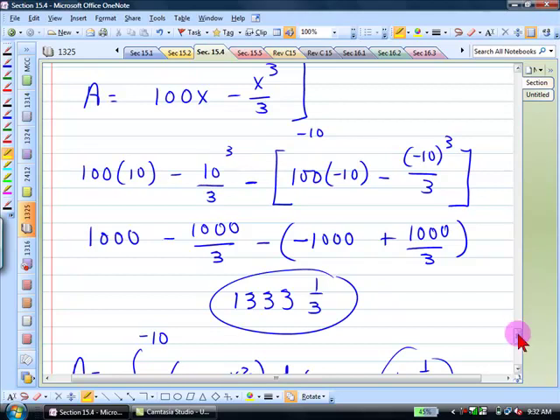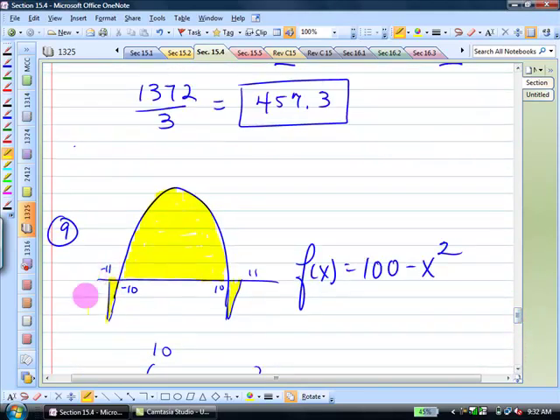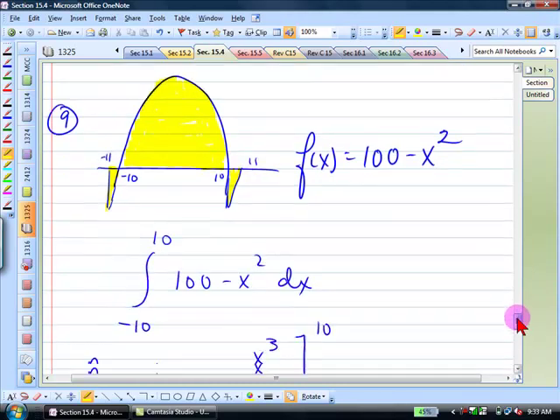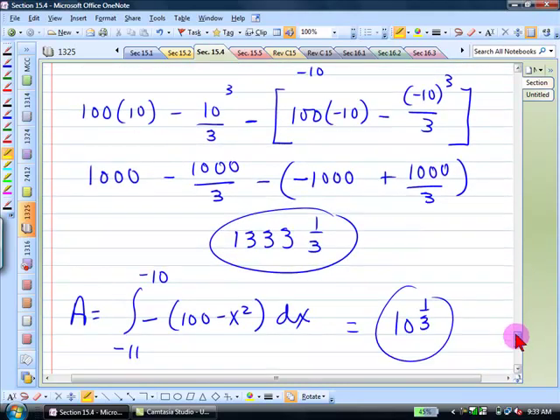All right, now for that little piece on the left, this piece here, the integration limits are from negative 11 to negative 10. And it's underneath the x-axis, so it's going to be negative function. So we have negative of this thing from negative 11 to negative 10.